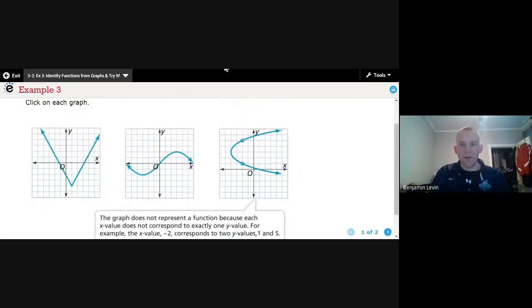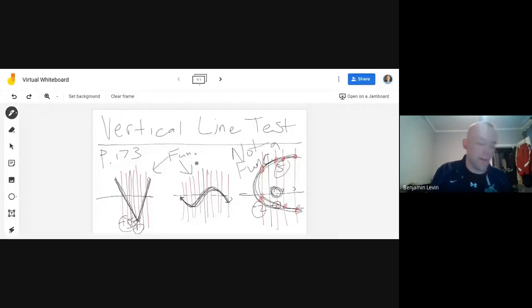So again, think about the vertical line test. If a question asks you to look at a graph and tell me whether it's a function or not, use the vertical line test, right? If the vertical lines are only crossing at one place along the function, it's a function.